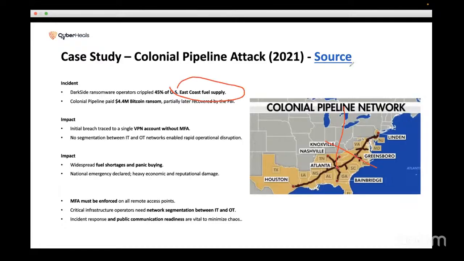So now you can see, you cannot say ransomware has nothing to do with your oil and gas, energy, airport, health system. No, it's related. Cybersecurity is related because it completely stopped the fuel supply. They had to pay 4.4 million in Bitcoin. It was partially recovered by the FBI, but they paid it. Because there was no MFA, and other reasons I don't want to go into, but it happened. That's what we need to know.